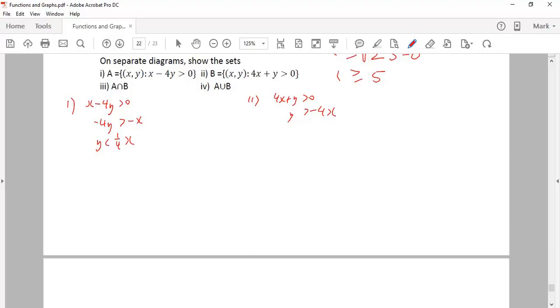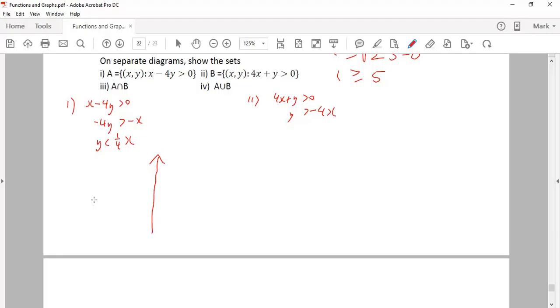Alright, so the next question is worded a bit differently. It's a bit more old style, but pretty much it wants you to graph x minus 4y is greater than 0. So I've just changed it to y equals mx plus b to make it easier to graph for both of them. For the first one, you would have got y is less than a quarter x.